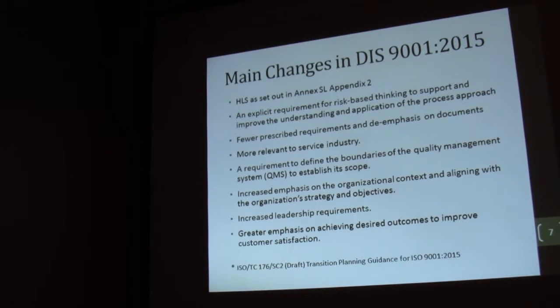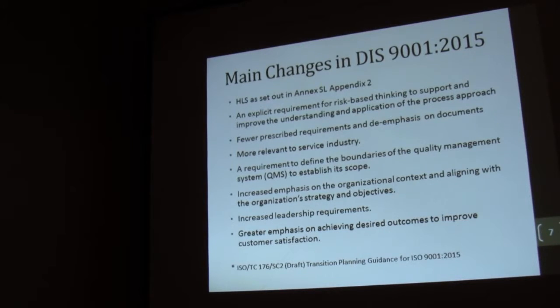And what they want you to do is look at your interacting processes. The output of one process is the input of the other. They want you to look at those processes to see the risks that are involved in each of those processes and how that output impacts the next process and how those risks can multiply.